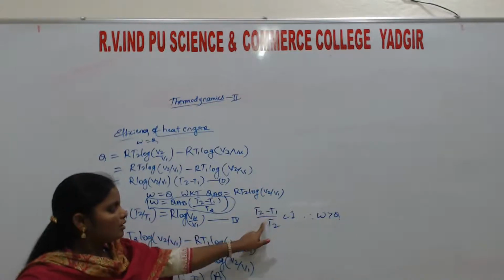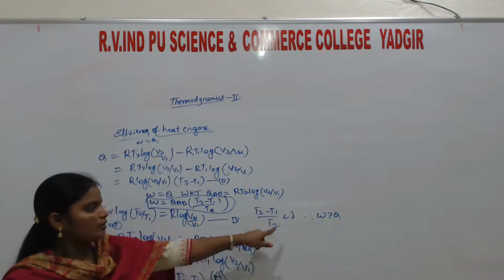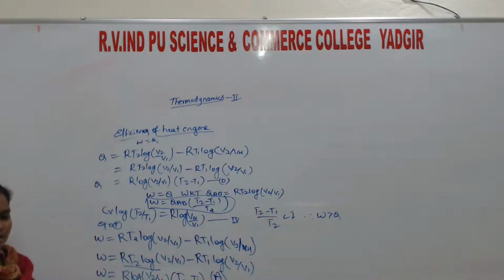T2 is used for the work, and thus the total heat absorbed by a system cannot be completely converted into work.